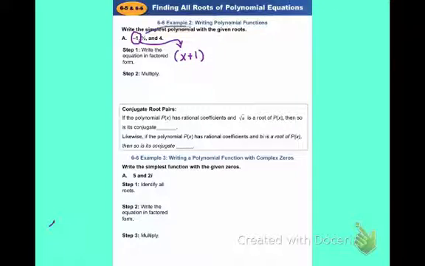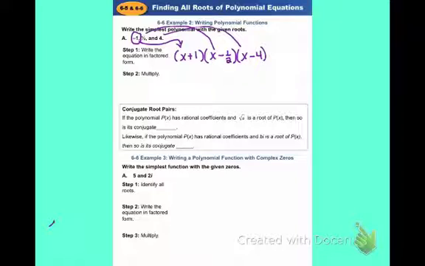The half would come from a binomial factor of x minus a half, and then the 4 would give us a binomial of x minus 4. So if we wanted to write a polynomial function with these 3 roots, the simplest one, in fact, we would just have to expand this out using FOIL.